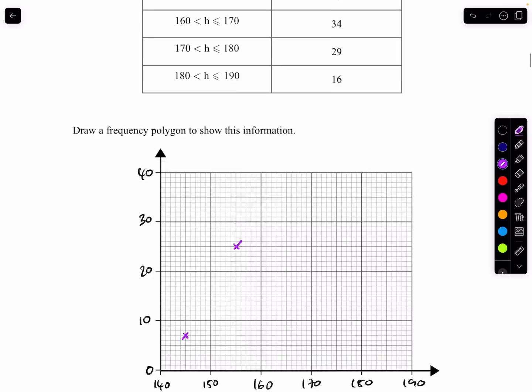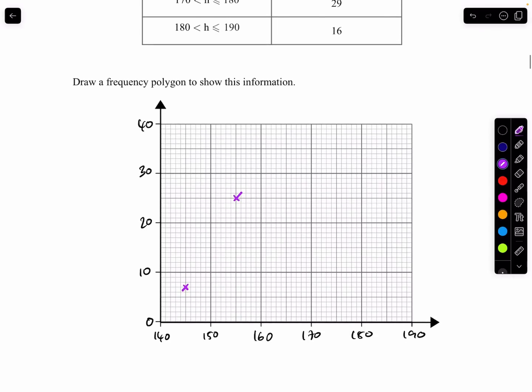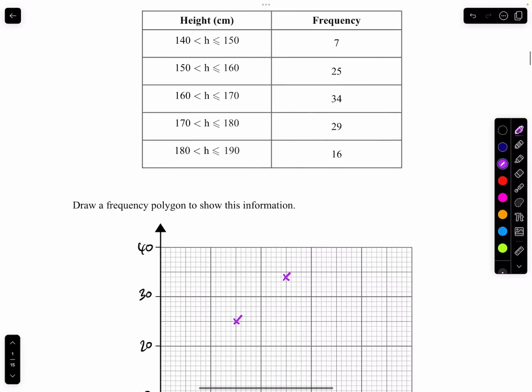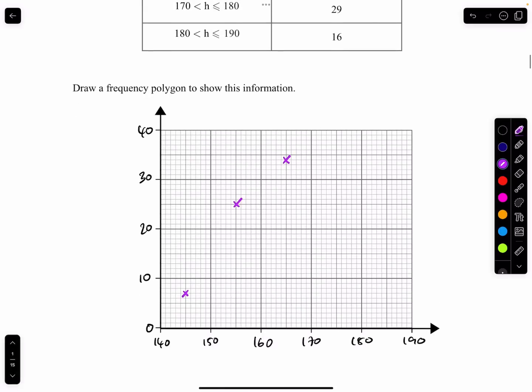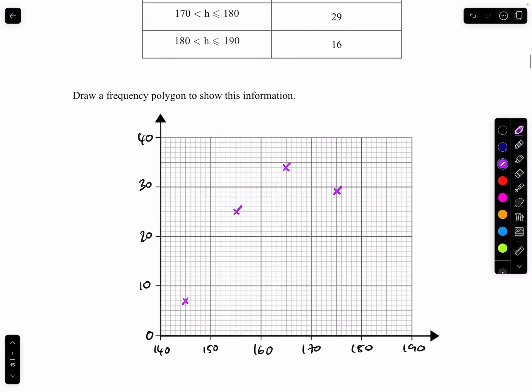That's right there. Then we've got 34 on 165. So 34, 165, right there. 29 on 175, which is here, and 29, I need to go and put that right there. And then we've got 16 on 185, so that should do that.